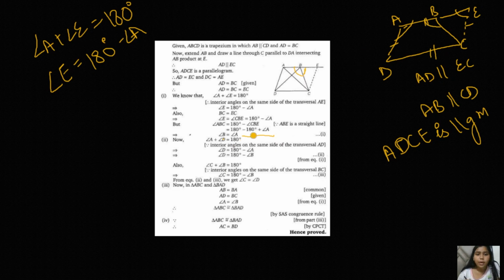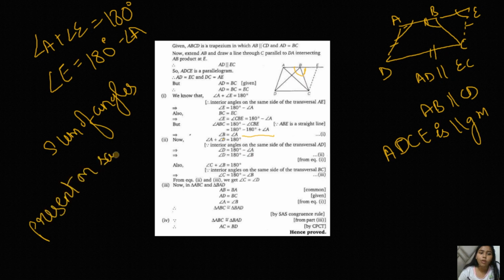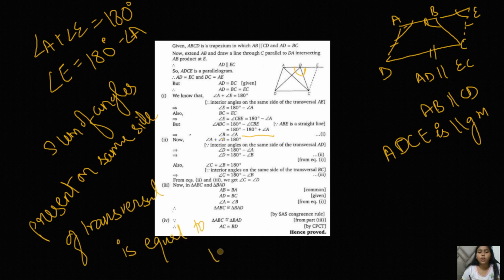Am I right? Now in the next part we have to know that angle A plus angle D is equal to 180, because of the similar thing: the sum of the interior angles present on the same side of the transversal is equal to 180 degrees.